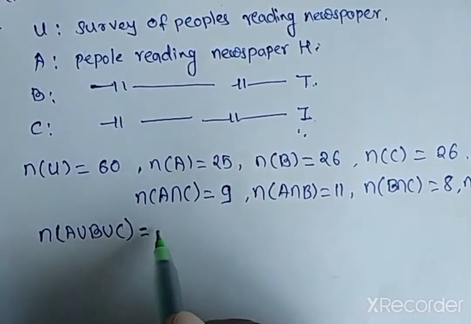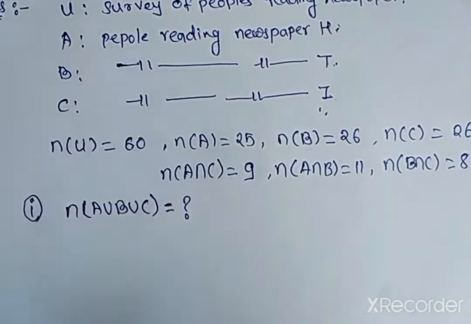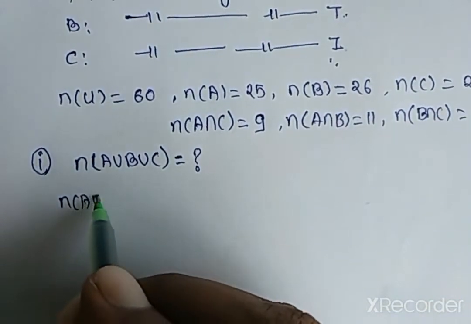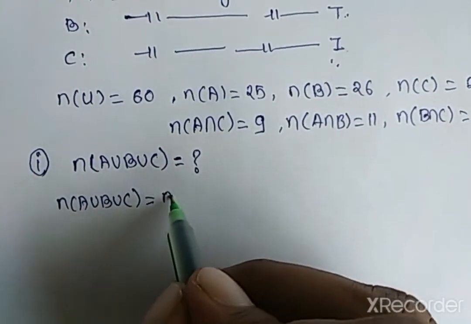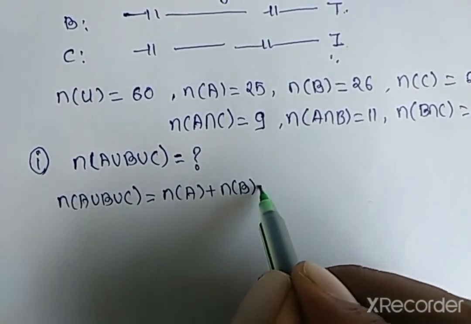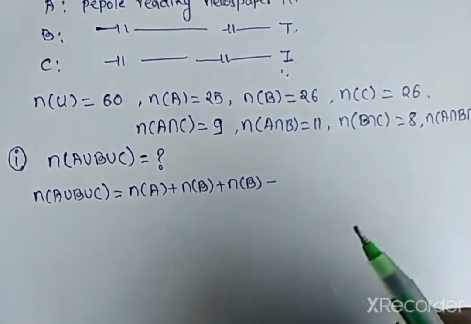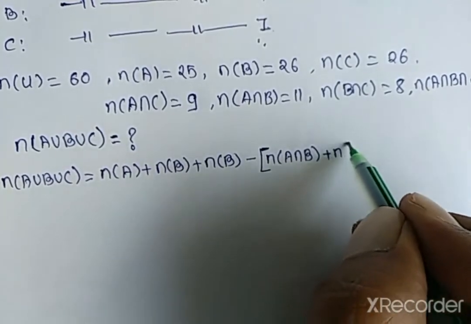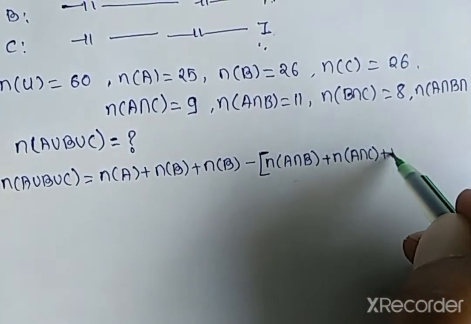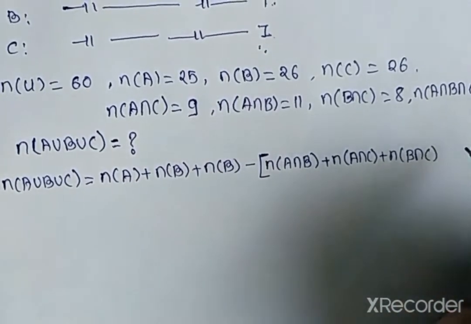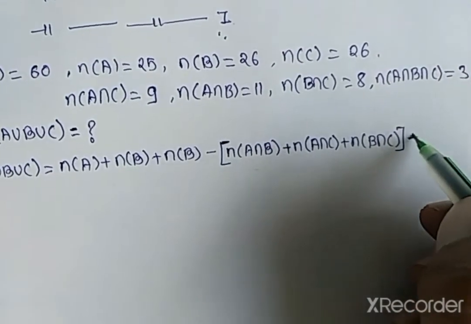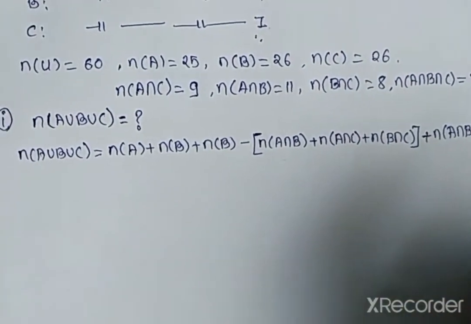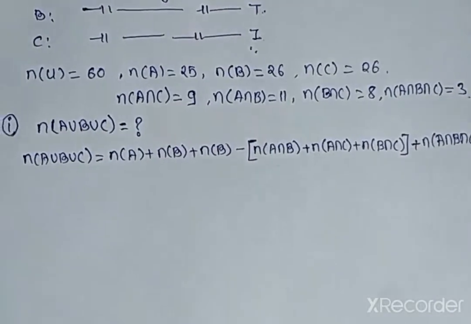So first we have to find N of A union B union C. The formula for 3 sets is N of A union B union C is equal to, first the single sets, N of A plus N of B plus N of C, minus the intersection of pairs of sets, A intersection B plus N of A intersection C plus N of B intersection C. Okay, bracket complete, and plus the intersection of all 3, A intersection B intersection C. Okay, this is the formula of N of A union B union C, that is the addition principle on 3 sets.